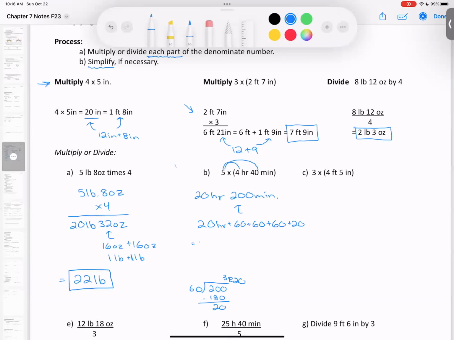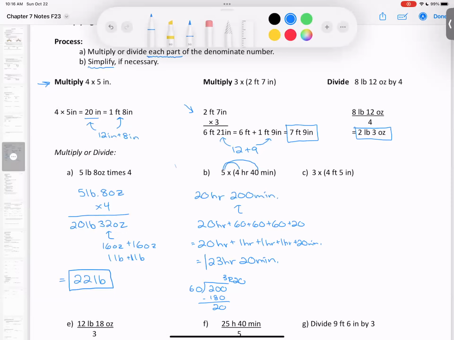Each of these 60 minutes is really an hour. And then we have that 20 minutes left over. So we end up then with 23 hours and 20 minutes.